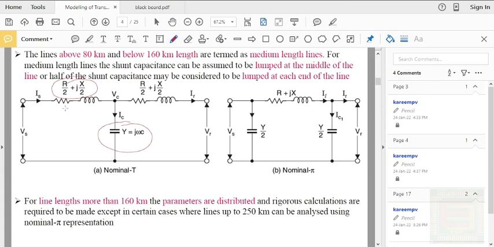That is, half of the resistance plus the inductive reactance is considered to be lumped before the capacitance C.